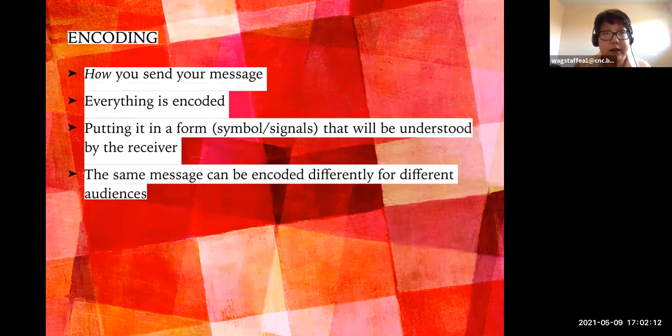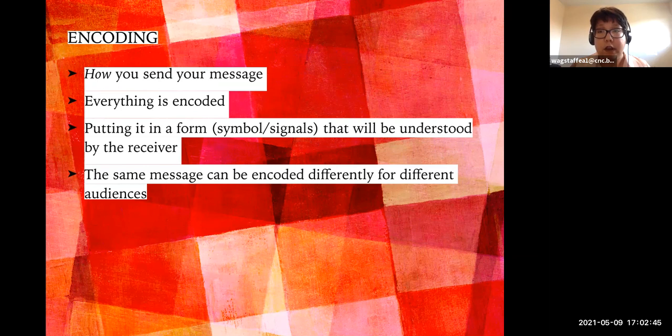Encoding. So this is how you send your message. Everything is encoded. So I'm not talking about a super spy sort of situation. This is just putting it in a form that will be understood by the receiver. So for example, if you have workplace jargon that you use, or specific situations that you might be talking about that other people wouldn't understand, but your receiver would.